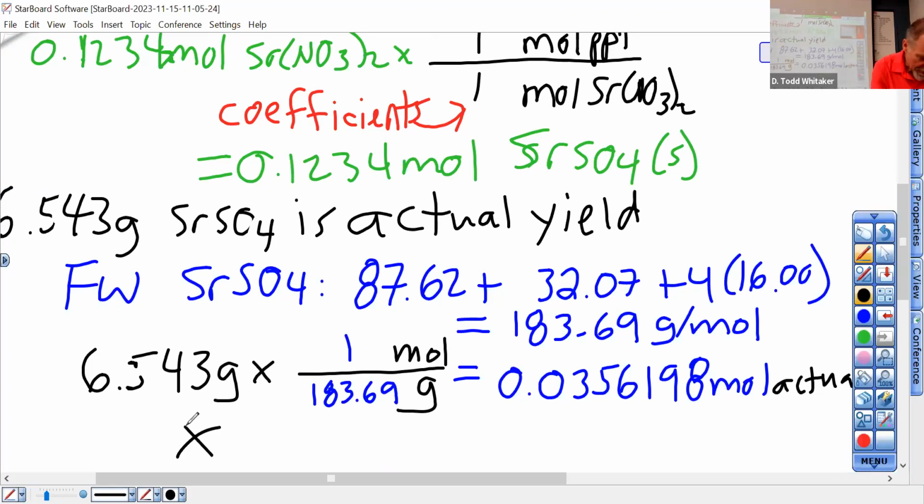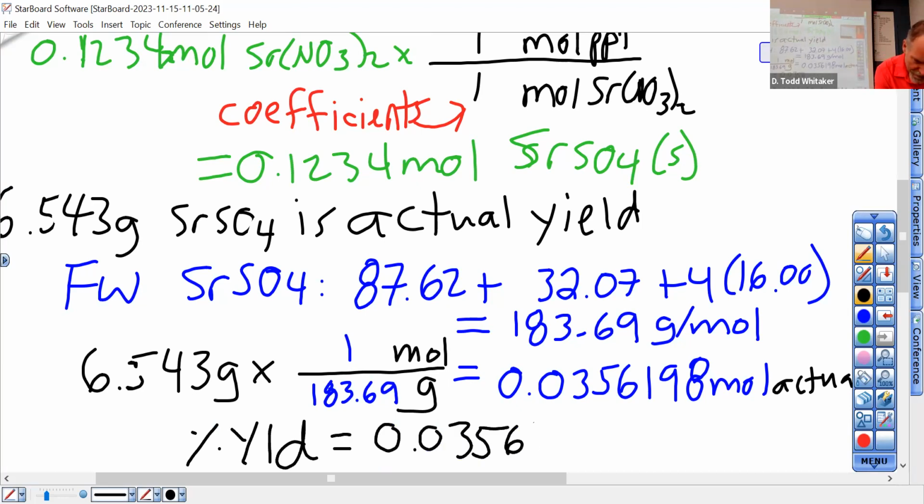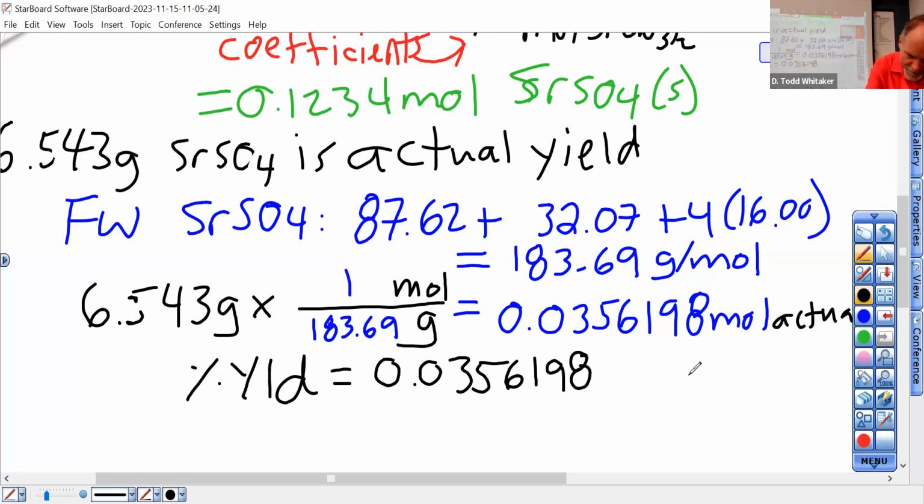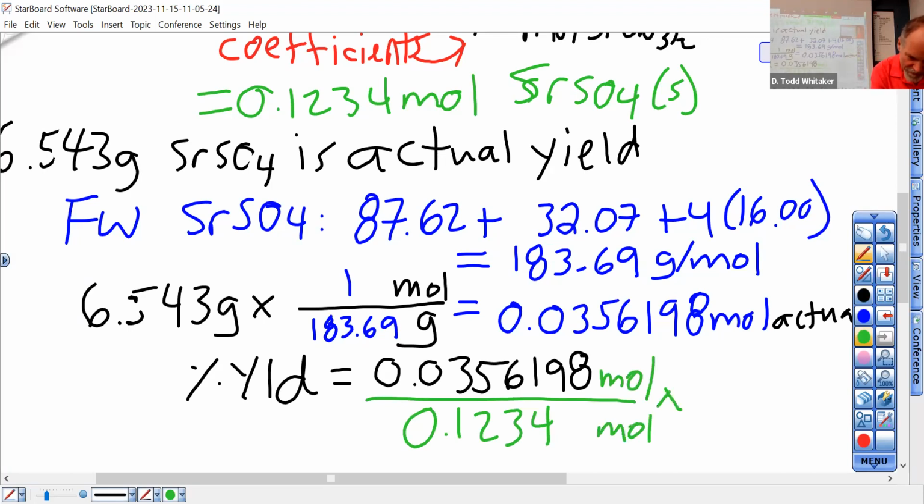Percent. That's not a percent. Yield equals 0.0356198 over 0.1234. Is that right? And that was moles over moles. What happens to those? They better cancel.